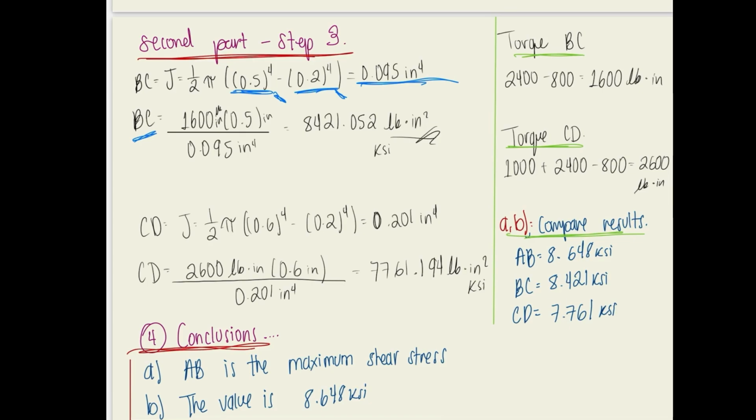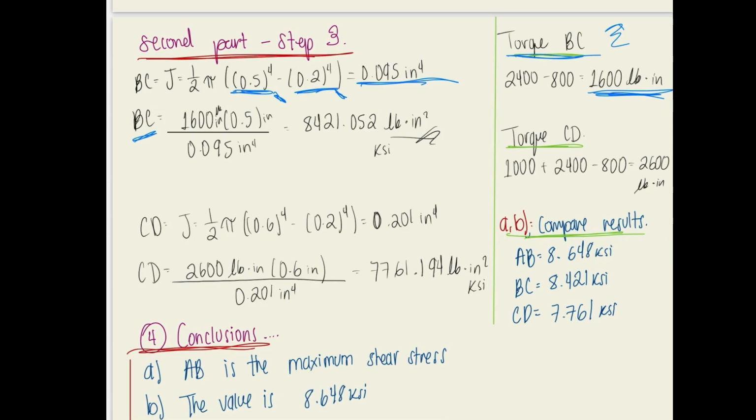We have to change our data here, but as you can notice, the torque that we used to multiply here was obtained by a simple subtraction in this part where we have the torque in B and C. So we substitute, we multiply it and divide it by the result of J.